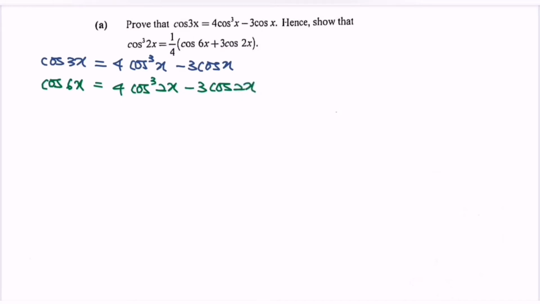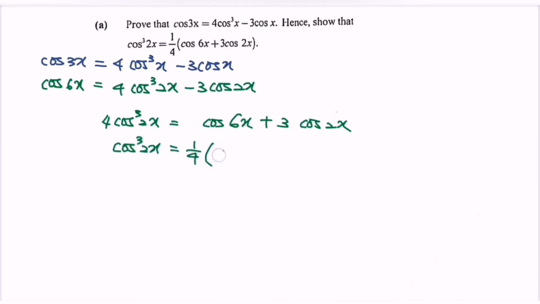So my suggestion is to rearrange the expression. Next, we will have 4 cos cube 2x equals cos 6x plus 3 cos 2x. Next, divide by 4. So finally, cos cube 2x is equal to 1 over 4 multiplied with cos 6x plus 3 cos 2x. We have already shown this.